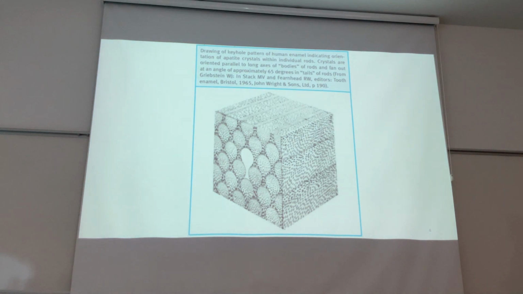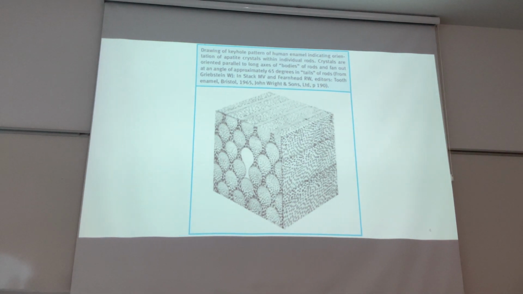This is the structure of enamel. It looks like a keyhole. It has an expanded area, and also it has a tail in this part. Look at this part here. And our enamel is composed of these structures. In the inner side of these structures, we have a high amount of enamel crystals.